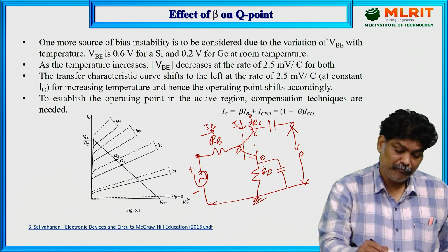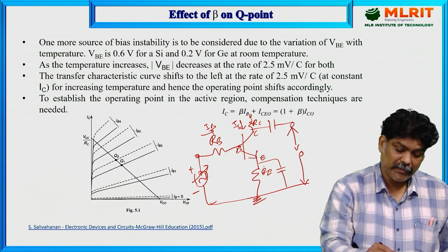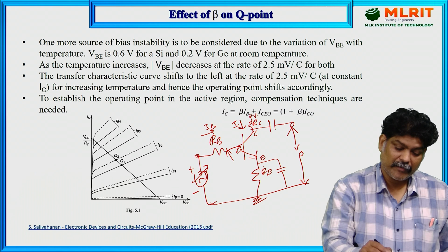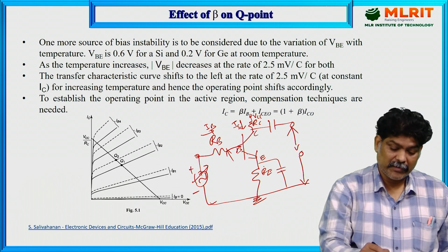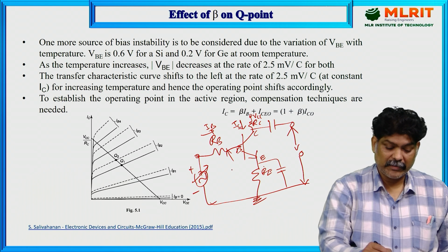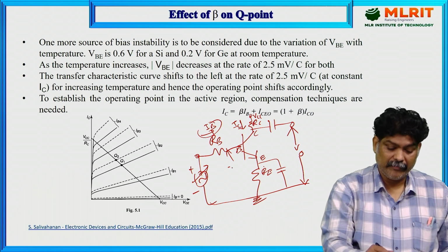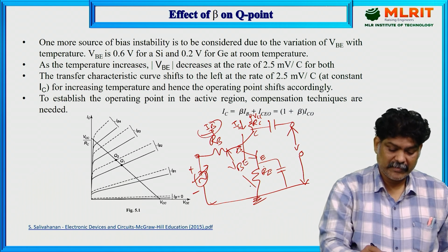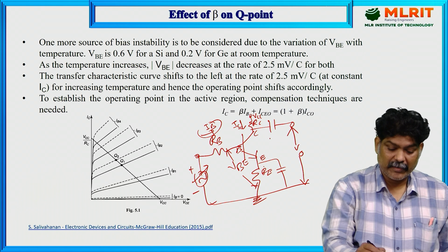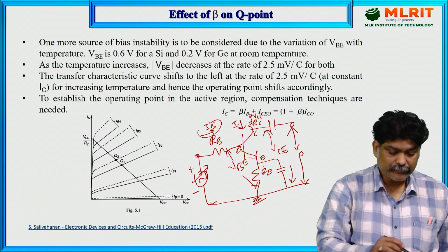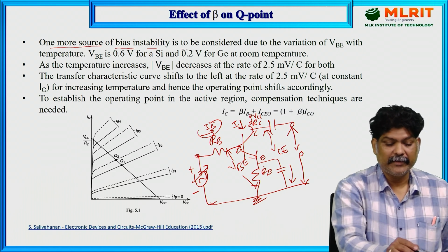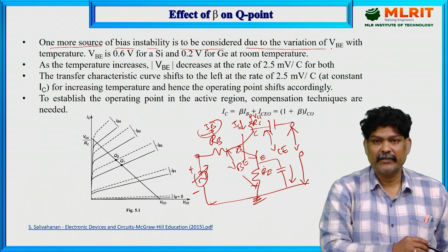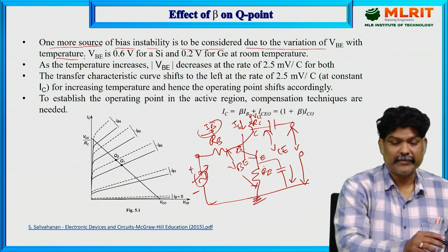Before applying the input signal, we apply VCC as the biasing voltage, and due to that the input voltage and input current are VBE and IB. This is VBE, and here you will have VCE, the collector to emitter voltage. One more source of bias instability to be considered is the variation of VBE with temperature.